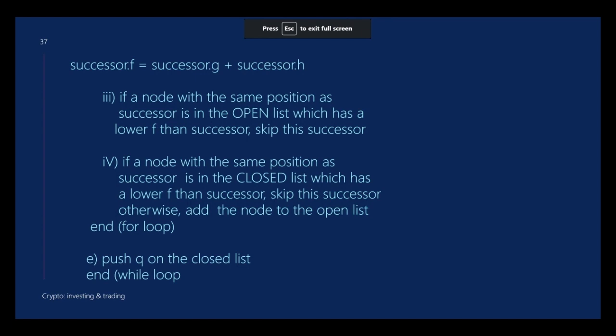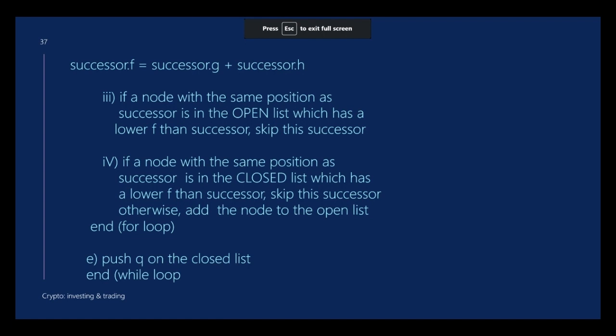So again, we'll go back to the open list, find the node with the shortest path, find its neighboring nodes, find the cost of the neighboring nodes, and compare it in the open list and the closed list. After that we'll add the node q to the closed list. Why? Because all its neighboring nodes' paths have been evaluated, so we can add the node q to the closed list, and this will end the while loop.